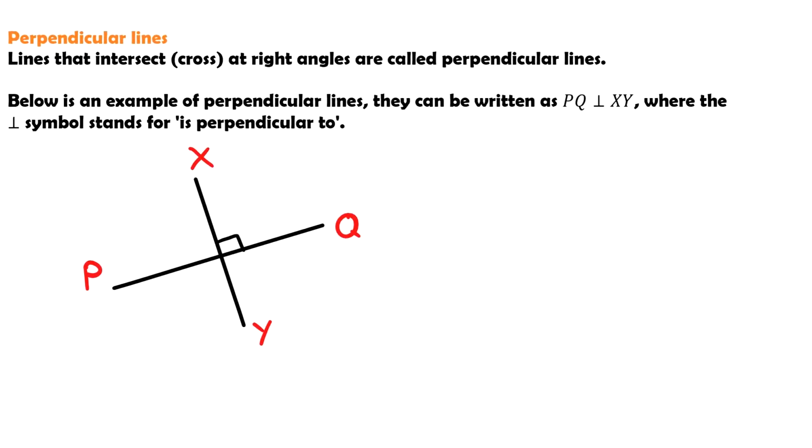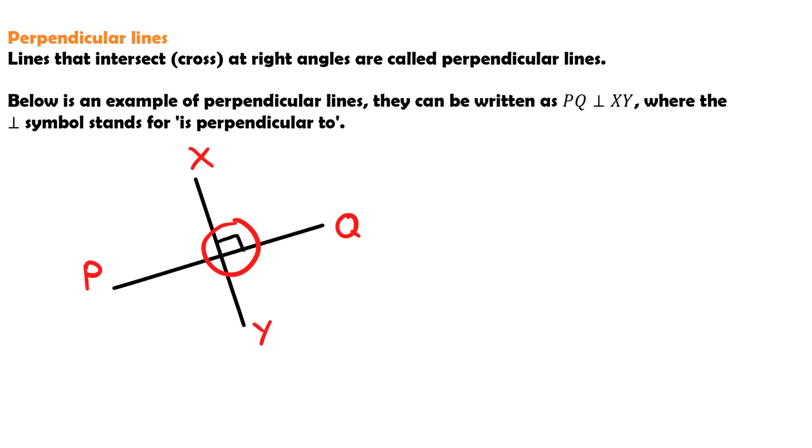The next thing we're looking at is what we call perpendicular lines. Now these cross at a certain point, but always at right angles. Now remember, a right angle is represented by that square in the corner. So as you can see here, we have that square in the corner, so it's a right angle. And because that's a right angle, we call these perpendicular lines.